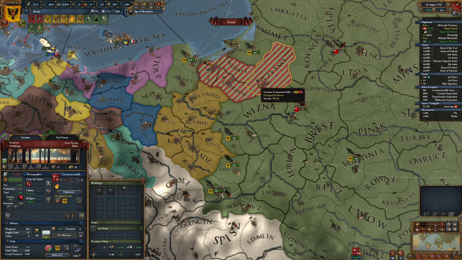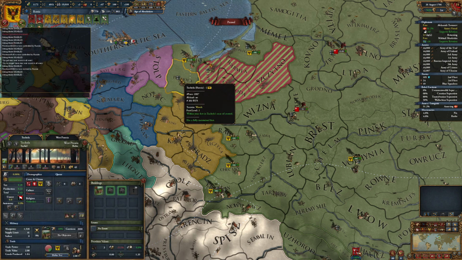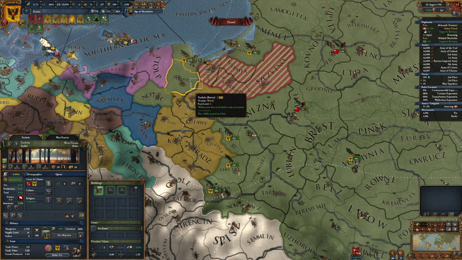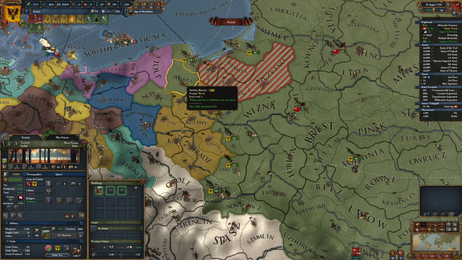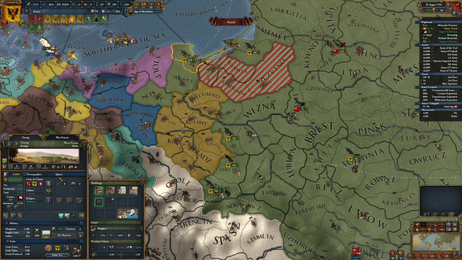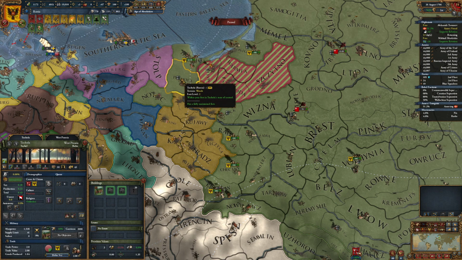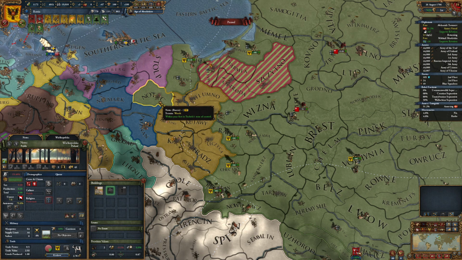And yeah, he doesn't have any... What I'm going to do actually before we is remove his core on Tochula for one reason, and only that reason: if the AI has a core or a claim on you, they can get the event where I have to say, yes, I give you the province, or I don't.